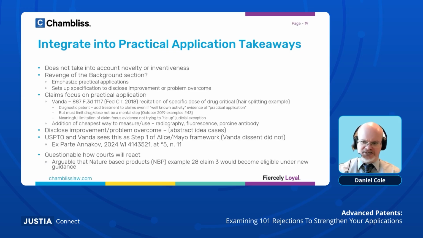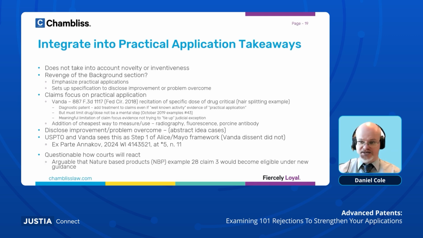The most important case to look at for this is Vanda. This was a hair-splitting example where they recited specific doses of a drug. And the fact that they recited those specific doses of the drug in the claim made it eligible. Okay?